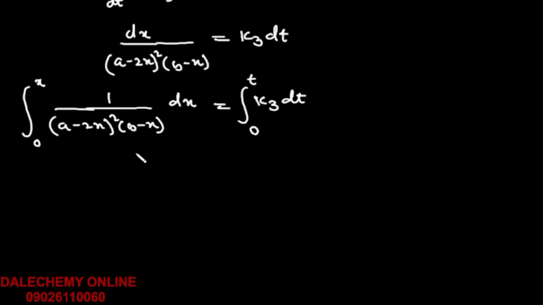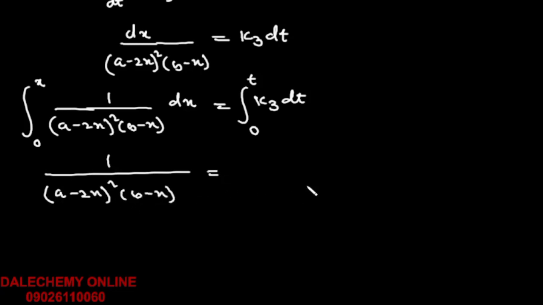You need to separate this fraction here into partial fractions, and to do that we have 1 divided by a minus 2x squared times b minus x. Now that will be equal to, so you separate it into 3 fractions like A over a minus 2x, then plus B, because the total power is 3, so I want to separate it into 3 different fractions.